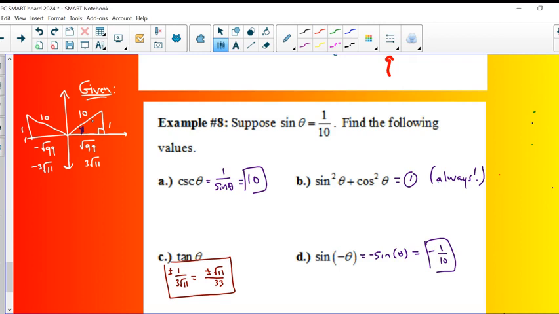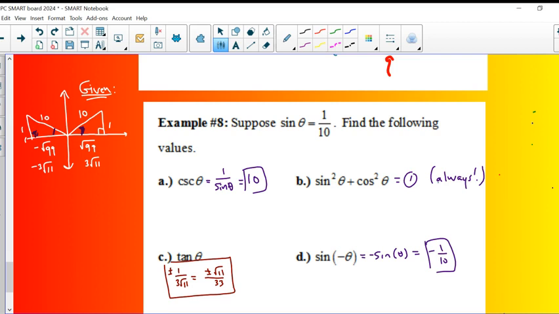There could be theta, and that would give me a sine ratio of 1/10 with the missing leg of root 99 or 3 root 11. But you could also draw it in quadrant 2 as a reference angle. So that triangle still has a sine of 1/10 as a ratio. Its missing leg would be negative root 99 or negative 3 root 11.